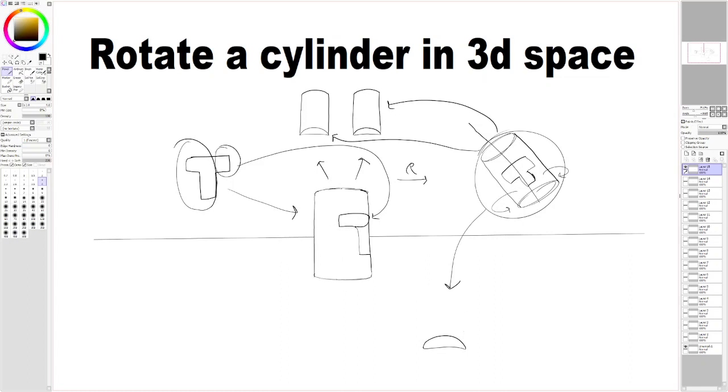I'm going to try that again. It's not perfect, but close enough. Okay, so we're just talking about the front where the T was mapped here.